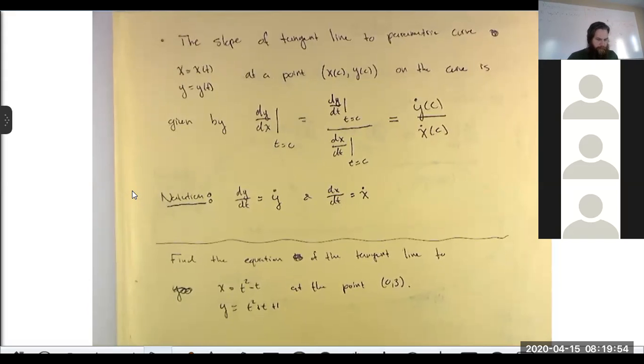So they give me a point on the curve and the parametric equations, and they want me to find the equation of the tangent line.